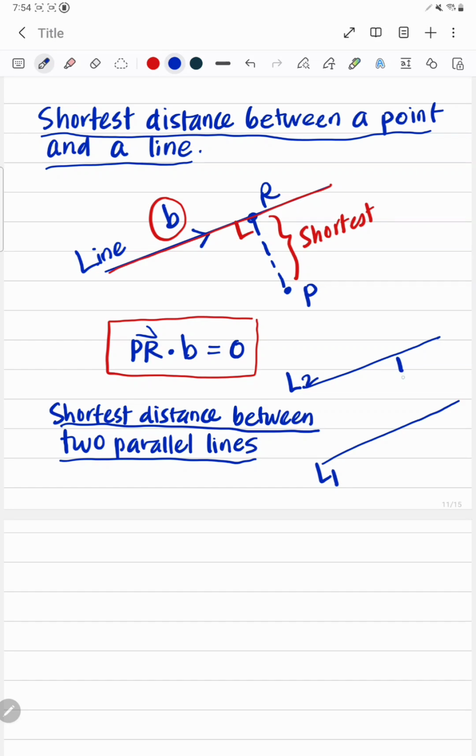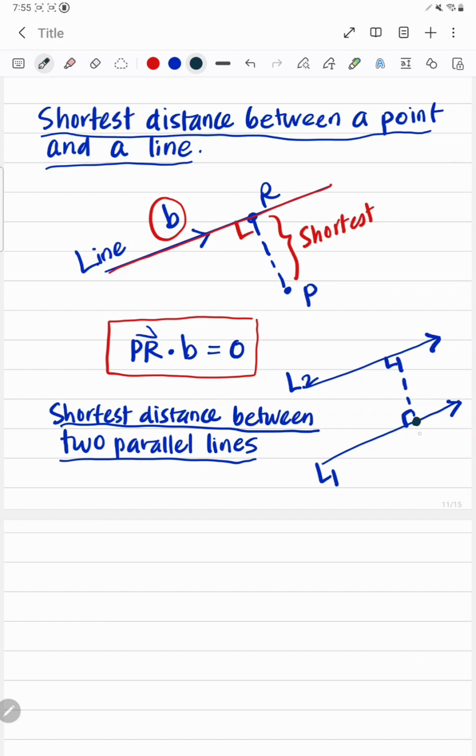If we want to find the shortest distance between the two parallel lines, this dotted line here must be perpendicular to line 2, and the dotted line must be perpendicular to line 1 in order to find the shortest distance. So we still use the same method as how to find the shortest distance between a point and a line.